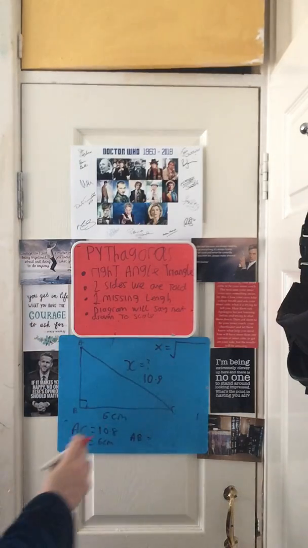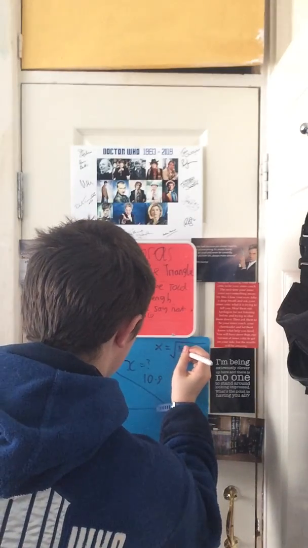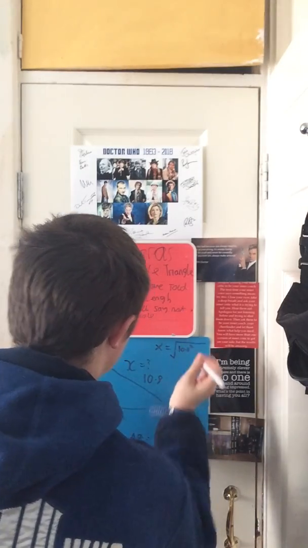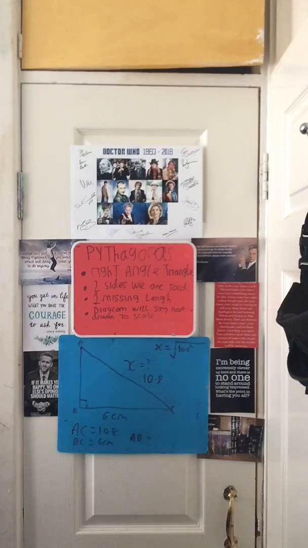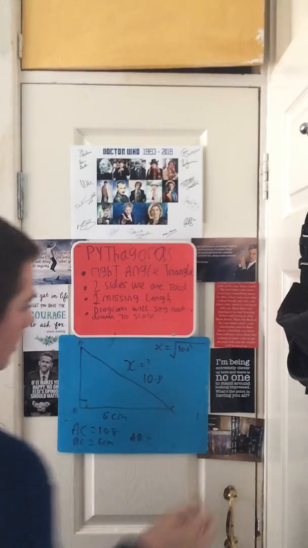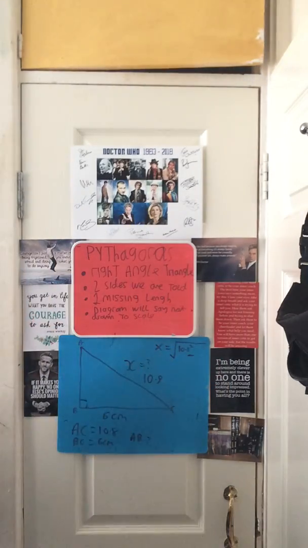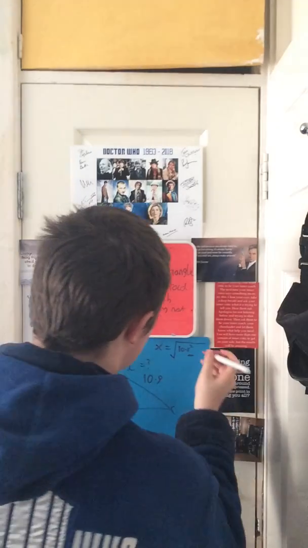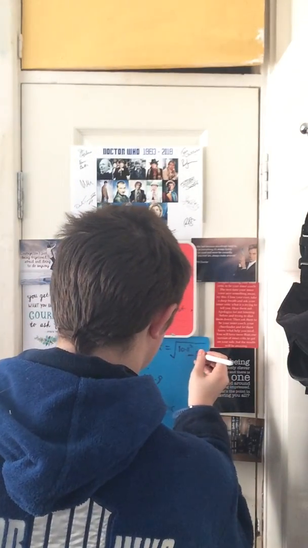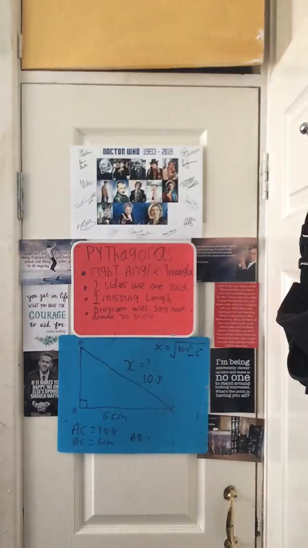However, we need to do 10.8 squared. But then we're going to do, because this is the largest number, okay? So we do the largest number, take away 6 squared, okay?